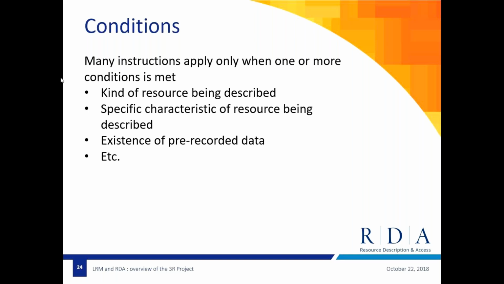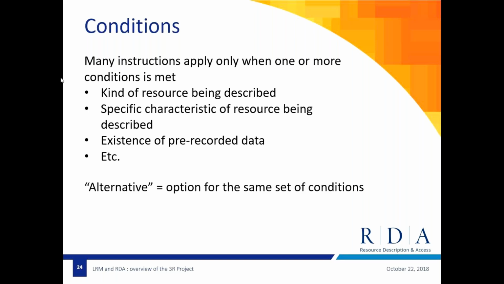So the kind of resource being described is conditional, specific characteristics, it might be a condition, the existence of other data, particularly in authority control. So a lot of instructions will say, if you have recorded the name in this form, then record the name title in this form, and so on and so on.